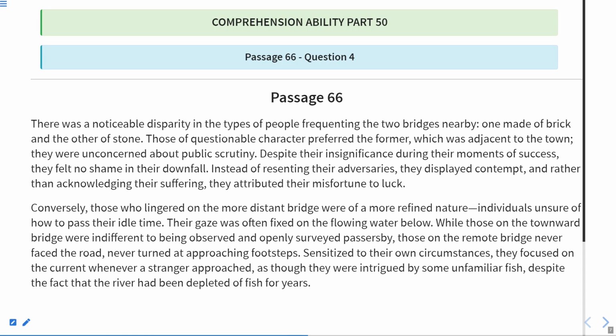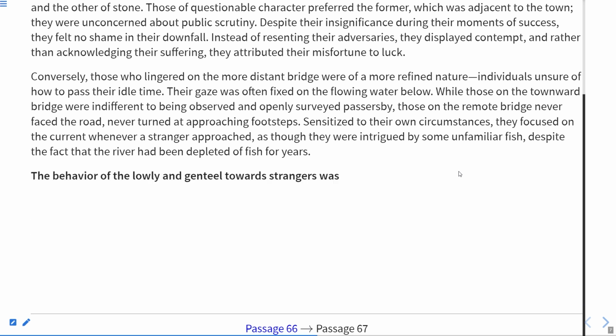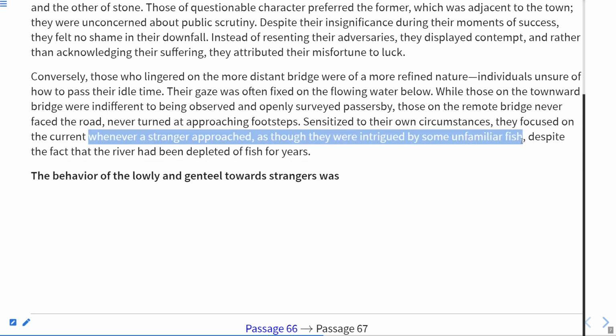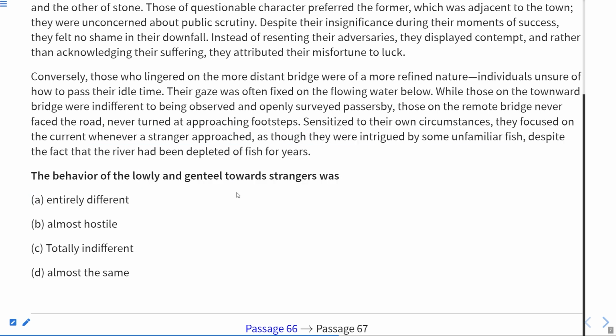Now let us move to the next question: the behavior of the lowly and genteel towards a stranger was, as you can see over here, when a stranger approached, as though they were intrigued by unfamiliar fish, they focused on the current. The options: entirely different, almost hostile, totally different, or almost the same. So the behavior of the lowly and the genteel towards strangers was actually A, that is, entirely different.